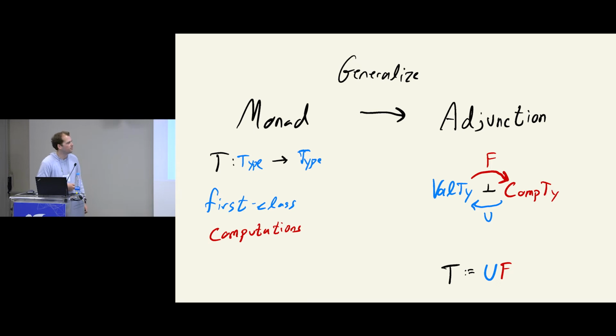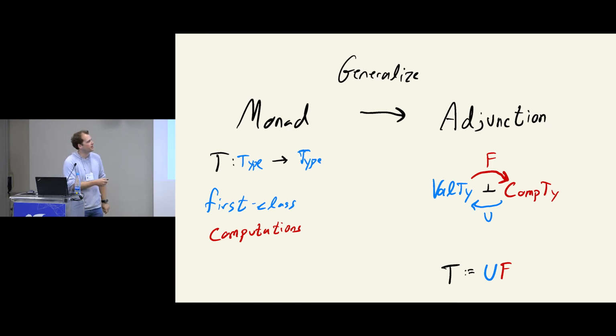Okay, but there's really two aspects to the idea of a monad. There's the first-class part, which is that we can pass it around as data, but then there's the computation part, which doesn't inherently mean that you can pass it around as a first-class value. And interestingly enough, you can tease apart these two aspects using the notion of an adjunction from category theory.